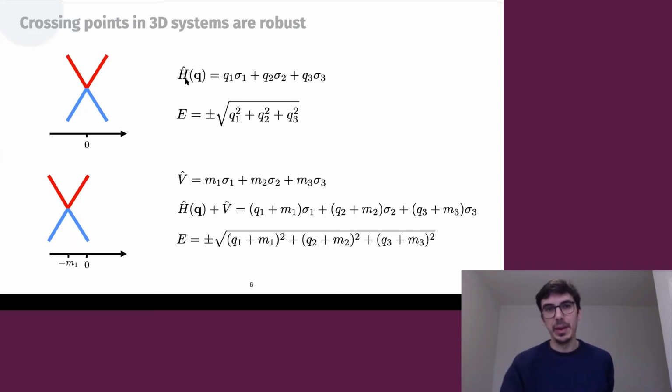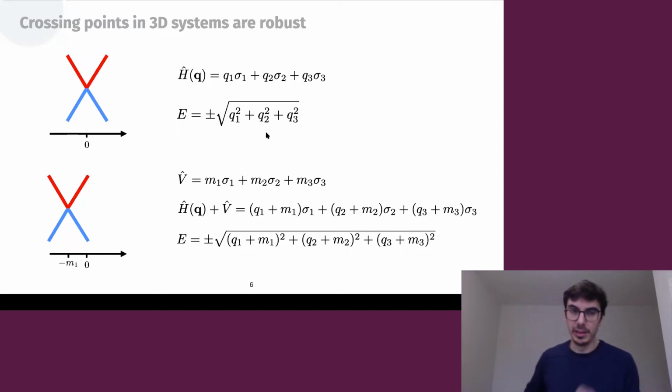So H is my Hamiltonian, and then q is my wave vector in reciprocal space from some reference point, which is the crossing point. And then the sigma are the Pauli matrices. So this is the usual two-band model written in the Pauli matrix space. And such a Hamiltonian has the electron dispersion shown at the bottom, and that's essentially two bands crossing like this, as shown in the diagram.